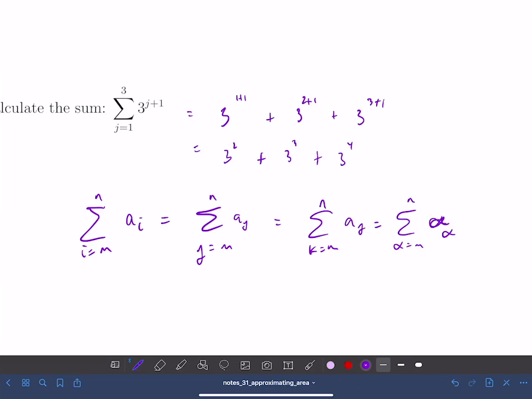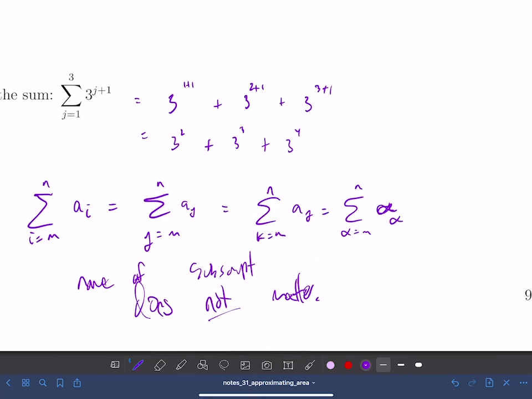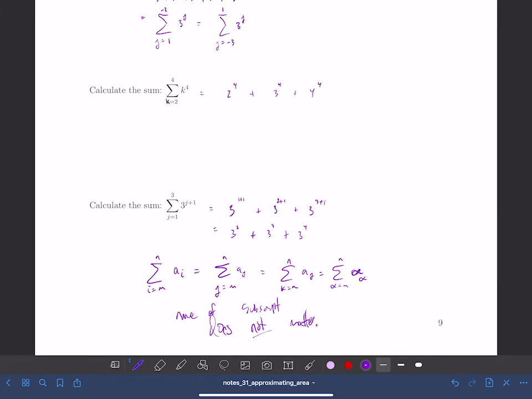The name of the subscript doesn't matter at all. Does not matter at all.